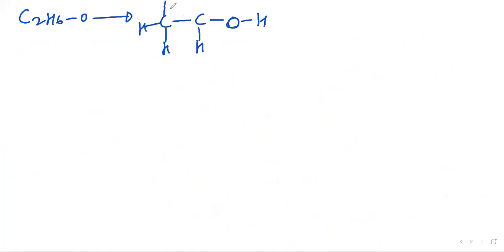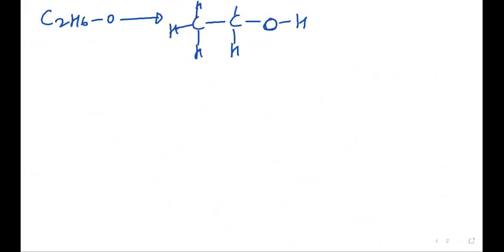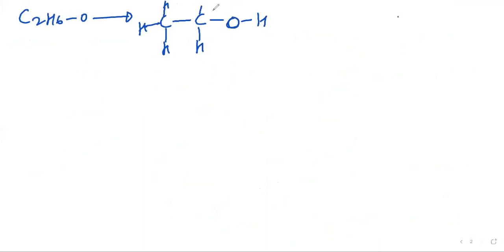The molecular formula of the alcohol is given as C2H6O. So I will convert it into the alcohol structure: two carbons, and the alcohol functional group is OH. Complete the octet of carbon, and you can count the hydrogens: 3 here and 2 here, plus the one on OH, making 6.